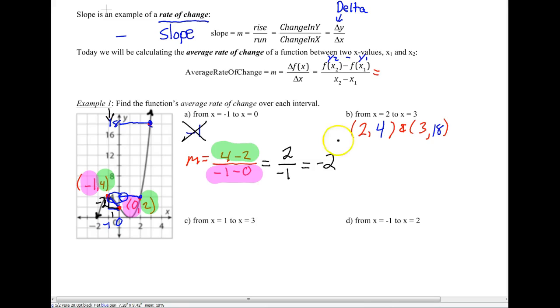So y is on top, x is on the bottom, 2 minus 3. Well, average rate of change or slope will be, let's see, negative 14 over negative 1, which just equals positive 14.